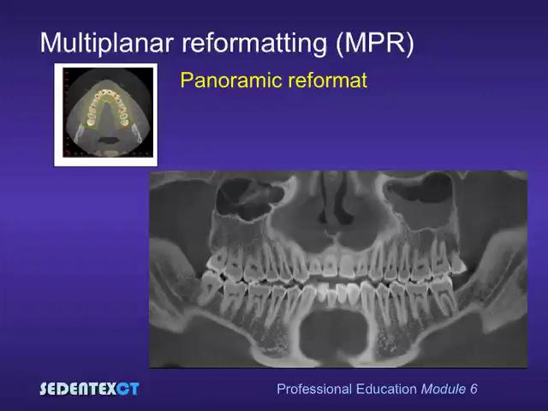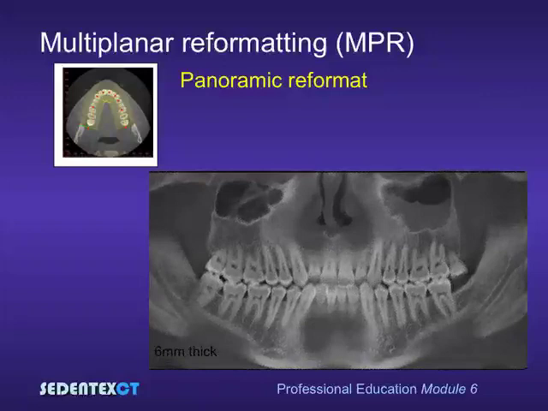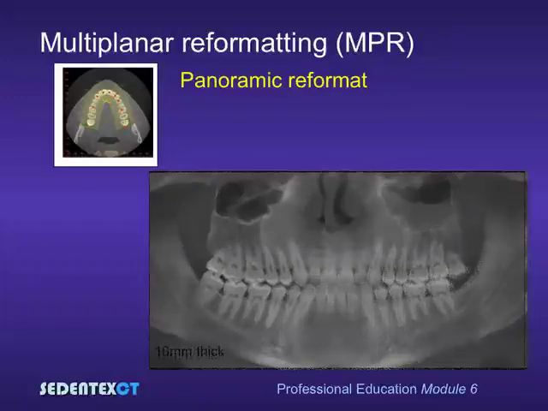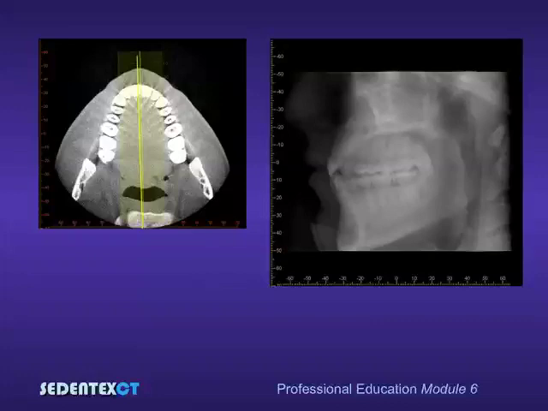From cone beam CT datasets, orthodontists can reconstruct panoramic images by multiplanar reformatting to an appropriate thickness, as seen here. They can do the same thing to produce cephalometric images.